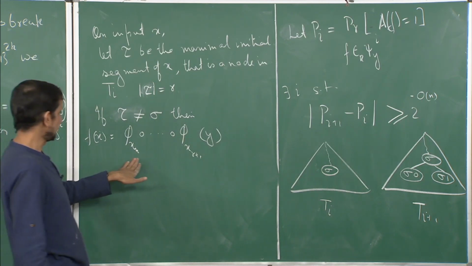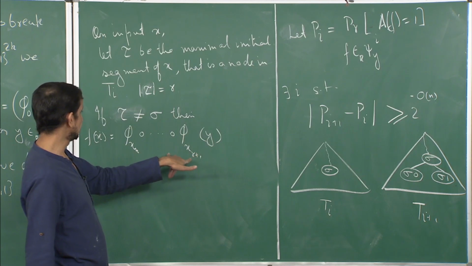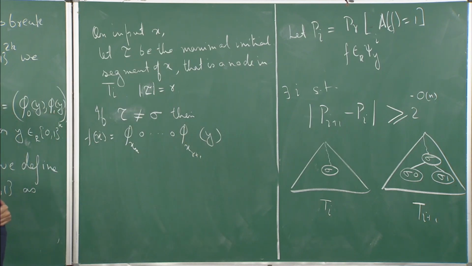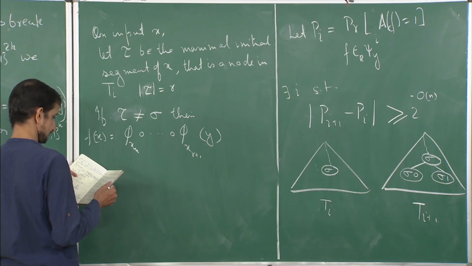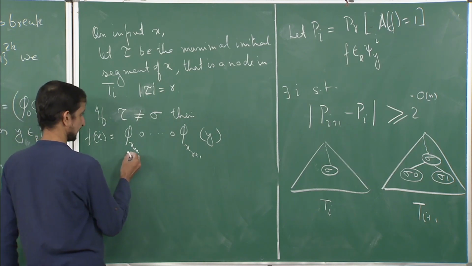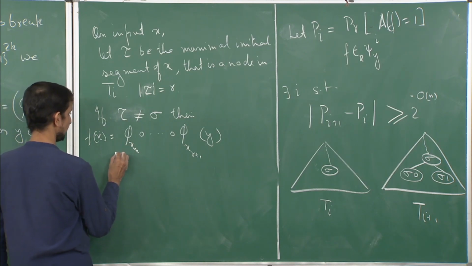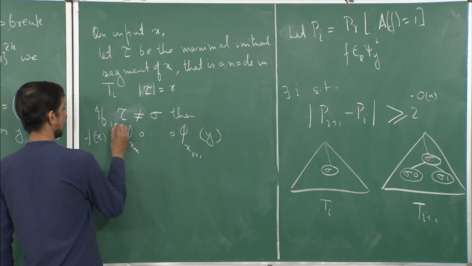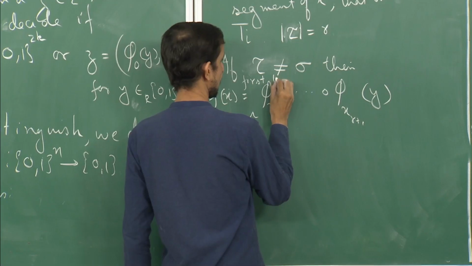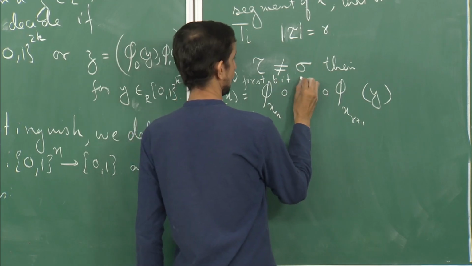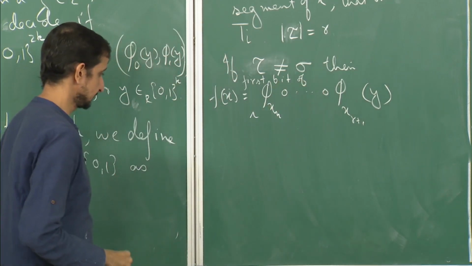Okay, so f of x is defined in this way, again the first bit of this string.